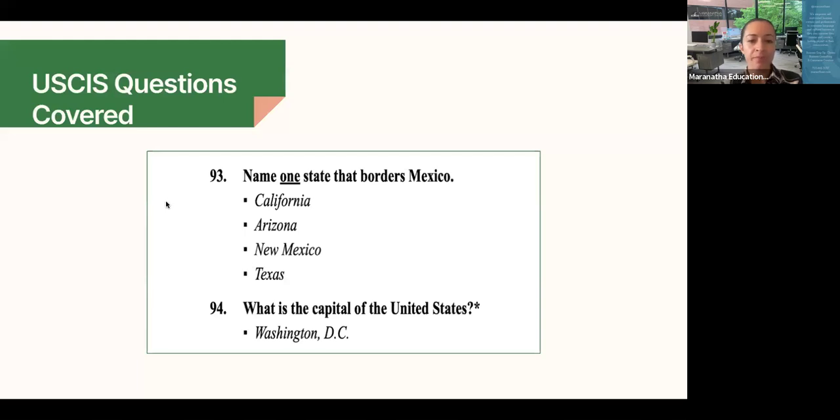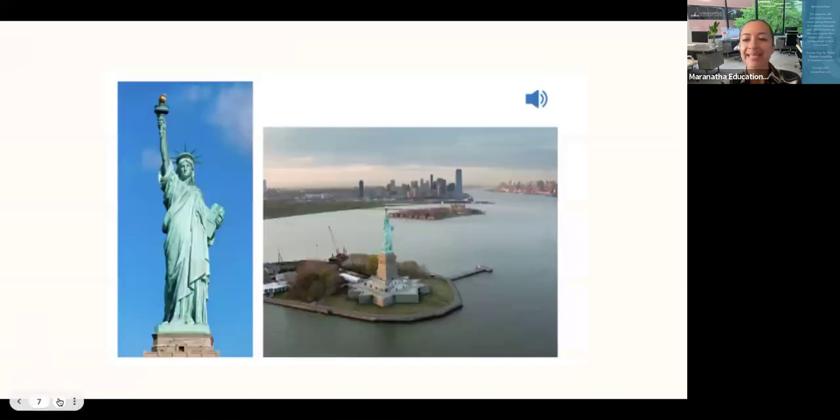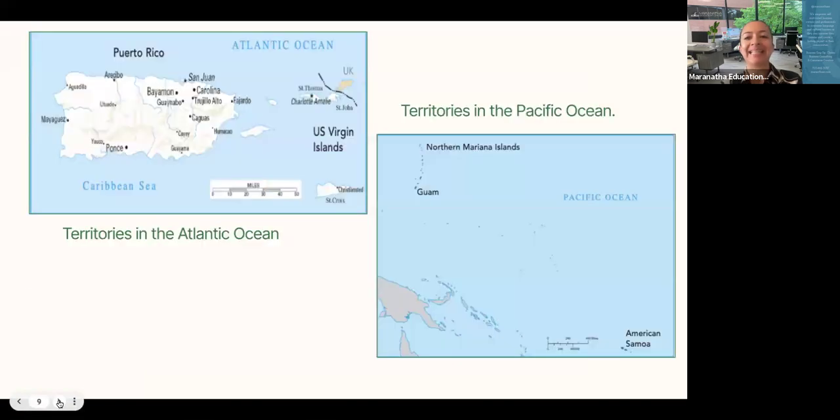Question 94. What is the capital of the United States? Washington, D.C. Very well. Now that we went over the geography, we need to cover the questions about territories or places that are part of the United States, but are not exactly in the continental US.